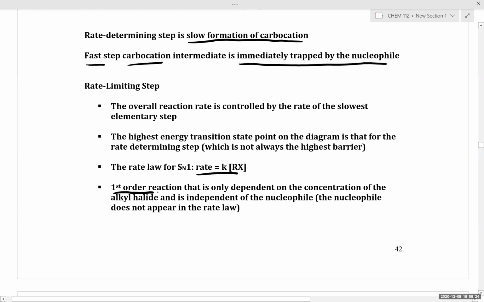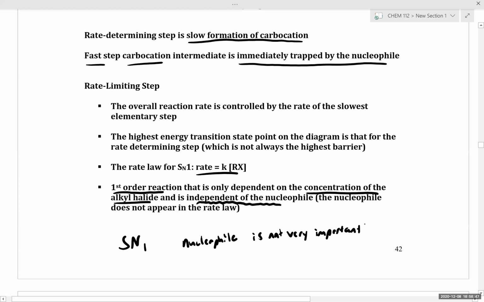It's a first order reaction that only depends on the concentration of alkyl halide and is independent of the nucleophile. So when you think SN1 reaction, I'd like you to think this idea that the nucleophile is not very important. Any nucleophile will do, even pretty bad nucleophiles for the SN1 reaction.